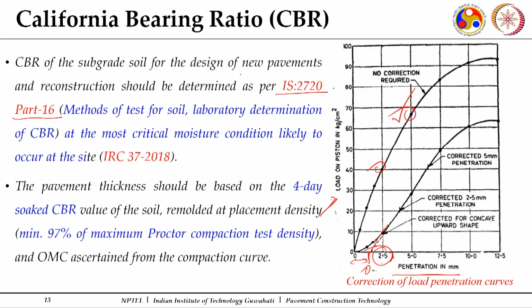So, it says that the CBR of the subgrade soil is required for the design of new pavements as per this. Another aspect to be taken care of is that the penetration of the plunger in the soil can be done after submerging the soil sample in water for 4 days. So, it can be a soaked CBR or an unsoaked CBR. Normally, by soaking this sample in water we want to create the worst situation which can be there.